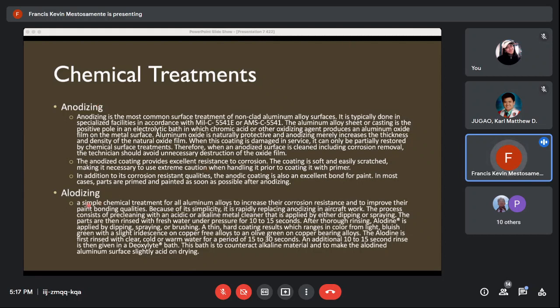Another example is alloydizing. With this naman, very easy siya, or this is a quick treatment compared with anodizing, which is hindi na natin kailangan ng specialized facility. With alloydizing, gumagamit lang tayo ng material para magkaroon siya ng chromic acid-based coating that will produce a chrome version coating to aluminum and its alloy.